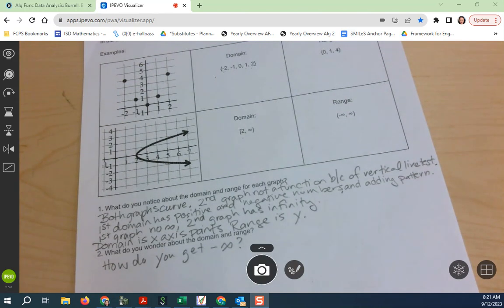Domain is x points and range is y. Anybody else hear that before? Jaden heard that, Nyla heard that. Anyone else? Enrique and Ella? Maybe Ez? You're thinking maybe I heard that somewhere before. Okay, so that one's going to be an important point going forward. When we find the domain, we're basically listing all the x points. And when we find the range, we're finding all the y points.